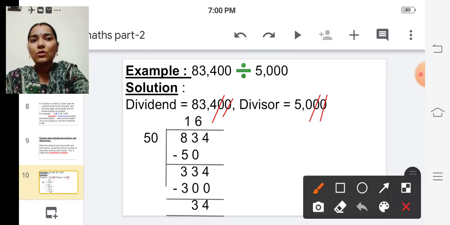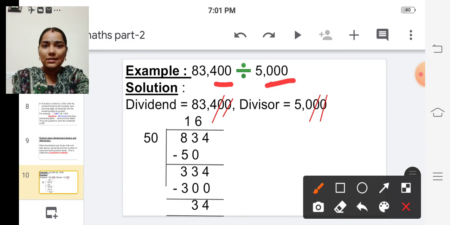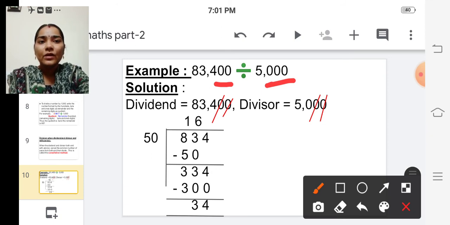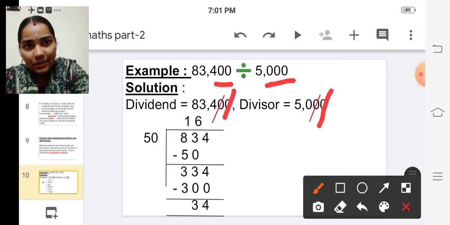So we can use the cancellation method. What is the cancellation method? We have to cancel the common number of zeros. We cannot cancel all the zeros. We have to cancel the common number of zeros.